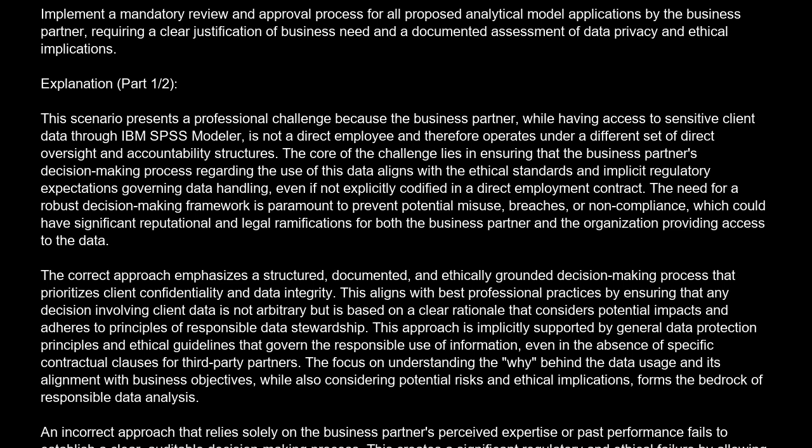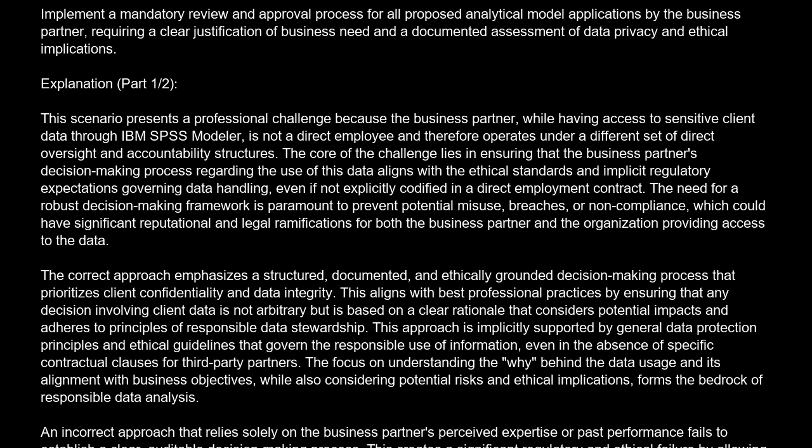Explanation. This scenario presents a professional challenge because the business partner, while having access to sensitive client data through IBM SPSS Modeler, is not a direct employee and therefore operates under a different set of direct oversight and accountability structures.